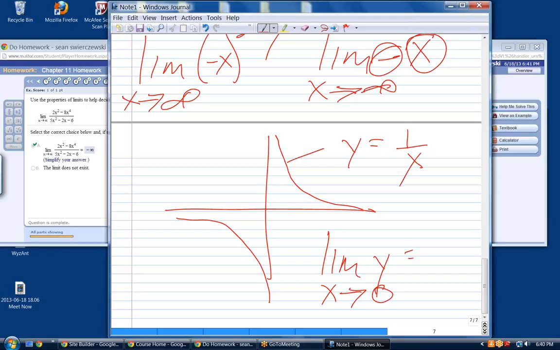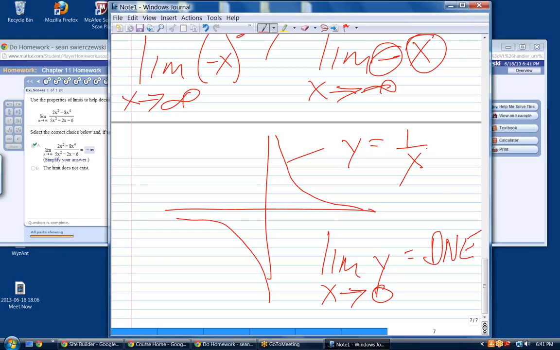Well, it could be negative infinity or infinity. What is it coming from the right? Infinity. What is it coming from the left? Negative infinity. Since they do not equal one another, this has to be a does not exist. Oh, okay. That makes sense.